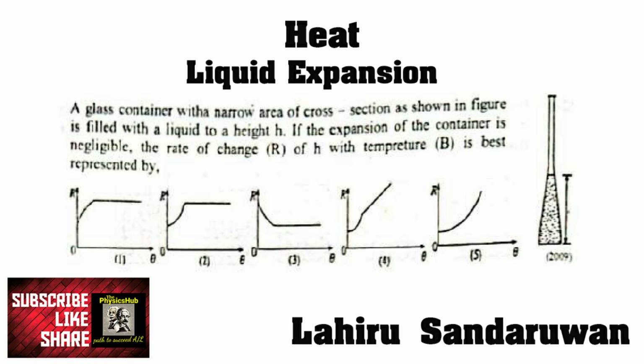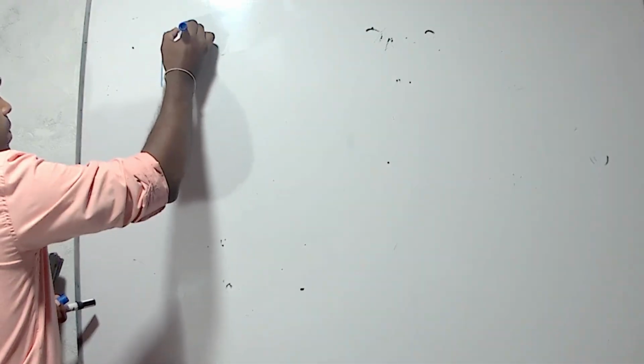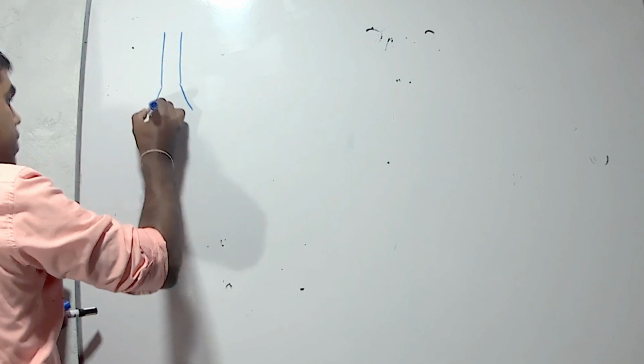A glass container with a narrow area of cross-section, as shown in the figure, is filled with a liquid of height h. The expansion of the container is negligible. The rate of change R of height with temperature theta is best represented by? We have to consider the rate of change of height. The shape of the vessel is like this.